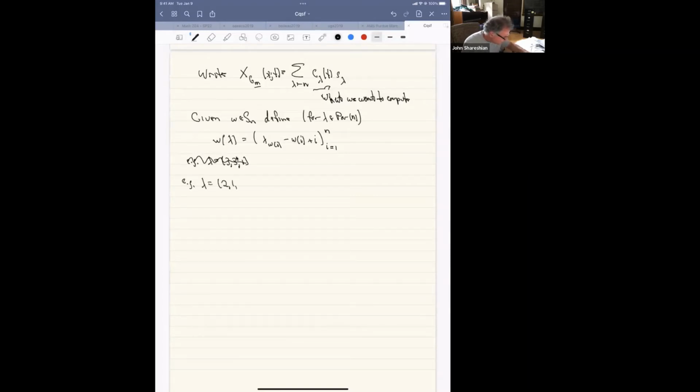Lambda is 2, 1, 0. So the first thing I want to do is extend. I have a partition of n, right? I'm going to extend it until it has n parts, right? So if W is 1, 2, 3, nothing happens. If W is 1, 3, 2, right, then what do we get?